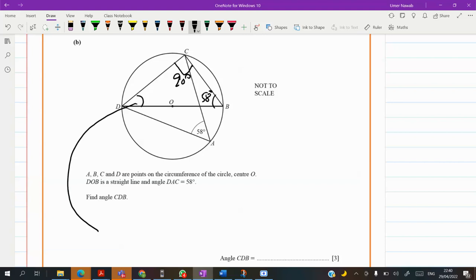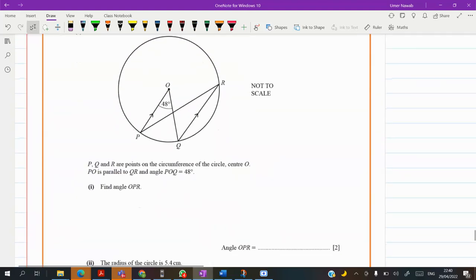This is 58, this is 90 degrees. CDB I can easily find: 180 minus 90 plus 58. This is 48. Half: 48 divided by 2 is 24.